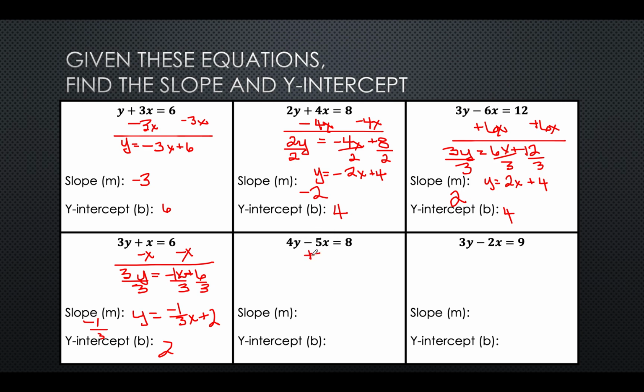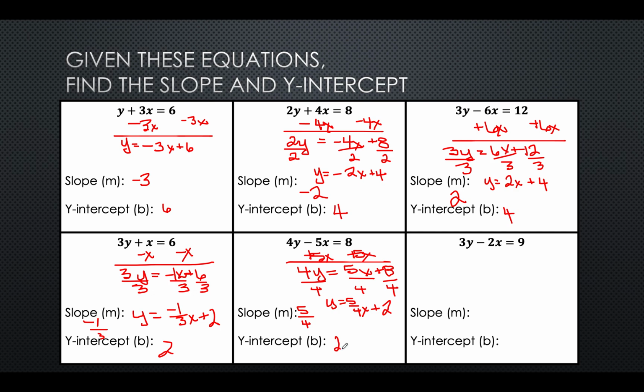Add 5x to both sides. We're left with 4y is equal to 5x plus 8. Divide all by 4. That leaves us with y equals 5/4 x plus 2. The slope is 5/4.